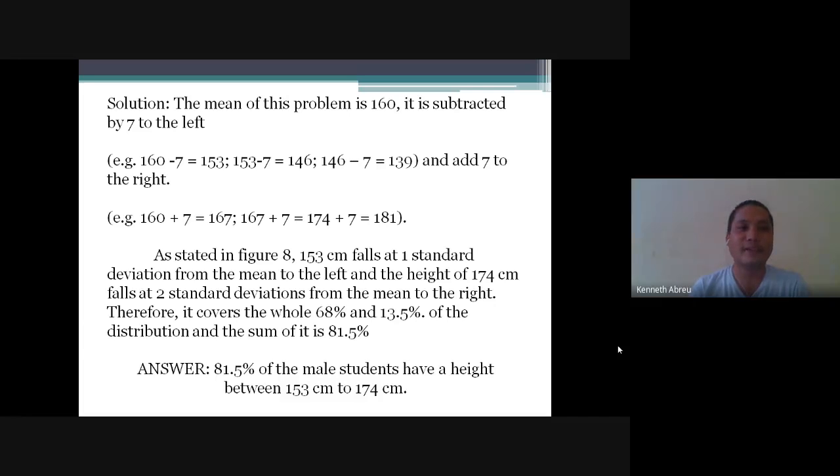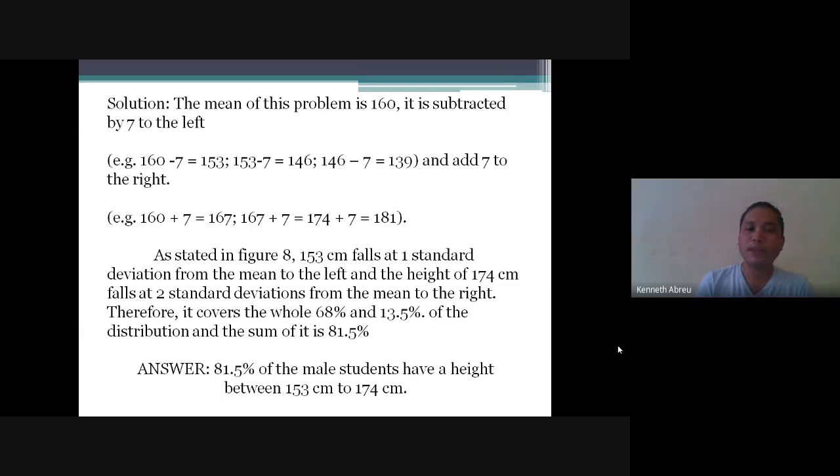It is subtracted by 7. Kaya makukuha natin yung left at right side niya. So as stated in figure 8, 153 centimeters is at first standard deviation from the mean to the left, and the height of 174 centimeters falls at 2 standard deviations from the mean to the right. Therefore, it covers the whole 68% and 13.5% of the distribution, and the sum of it is 81.5.